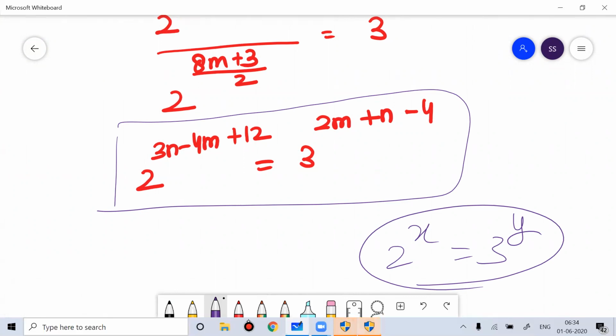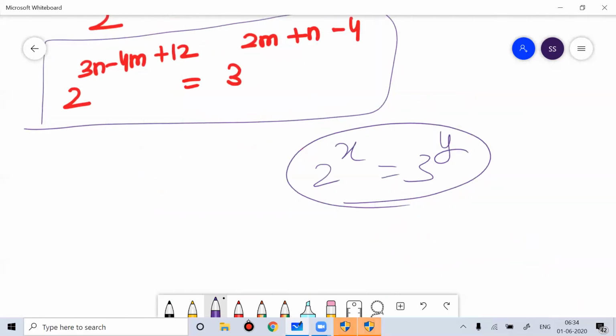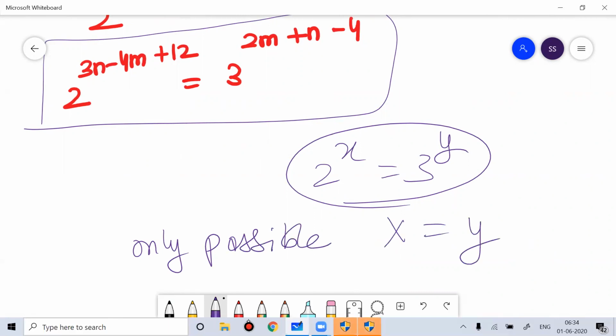How can 2 to the power x be equal to 3 to the power y? It is only possible if x and y both are equal to 0, because 2 to the power 0 is 1 and 3 to the power 0 is 1. Otherwise, this is not at all possible.